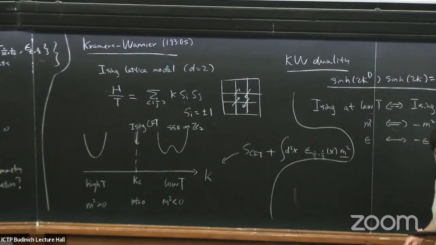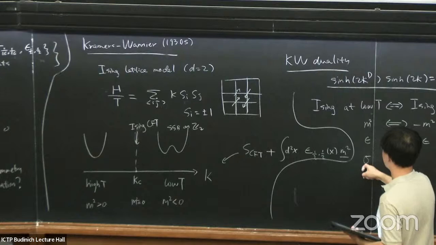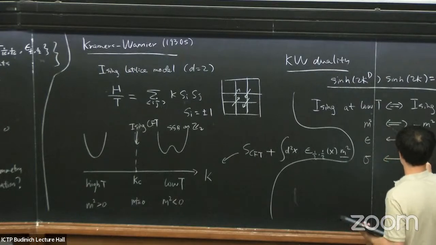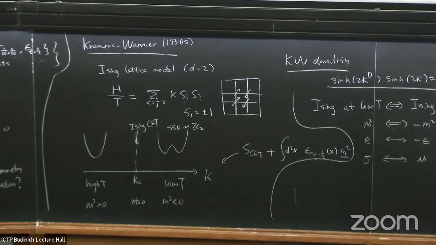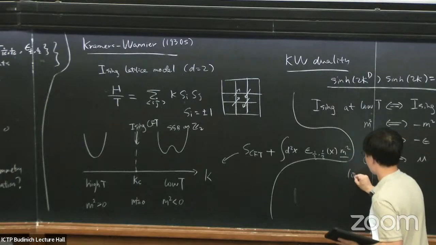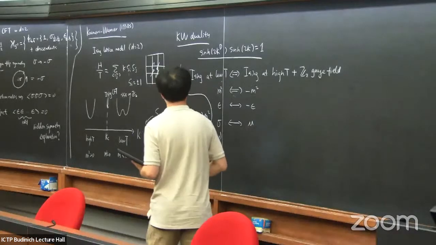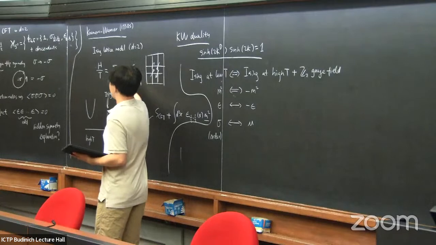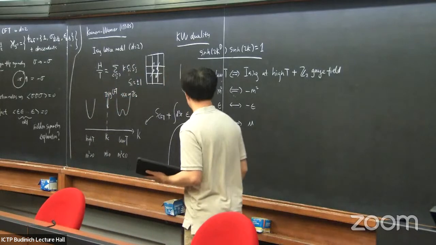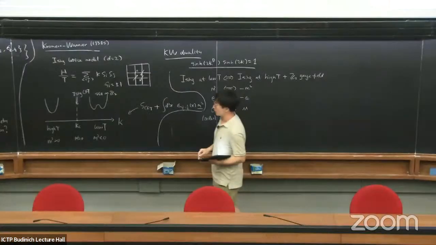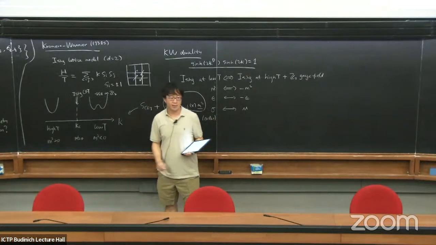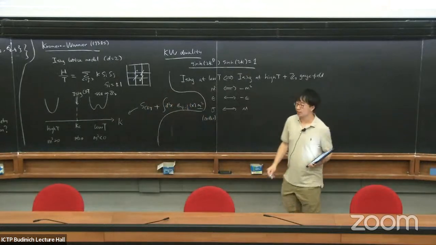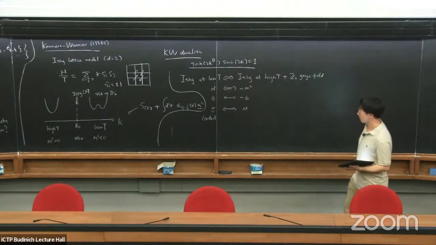Well, the duality relation doesn't end here. There's also the famous duality relation that relates the sigma operator to the mu operator. Recall sigma is the order operator. It corresponds to the spin degrees of freedom on the lattice. When it takes a non-trivial expectation value, that corresponds to the spontaneous symmetry breaking phase of the Ising model.